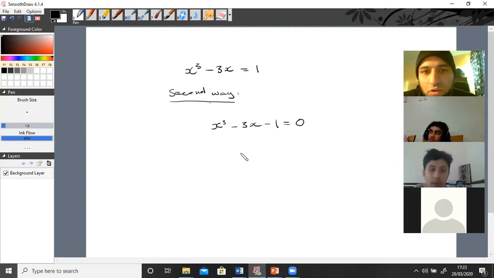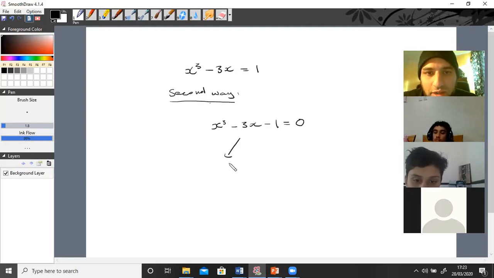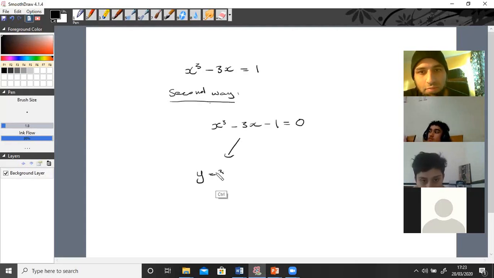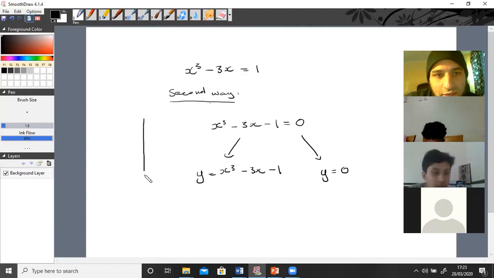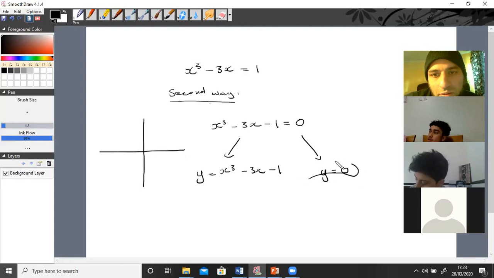Then we separate that into two equations. This part becomes y equals x cubed minus 3x minus 1. And this part becomes y equals 0. Agree? Yeah. We then put that on a graph. So now, if I draw a graph on the left-hand side here, y equals 0 will simply be a line going along here.